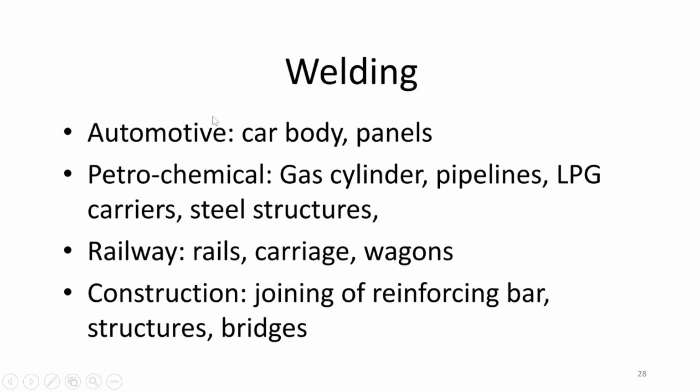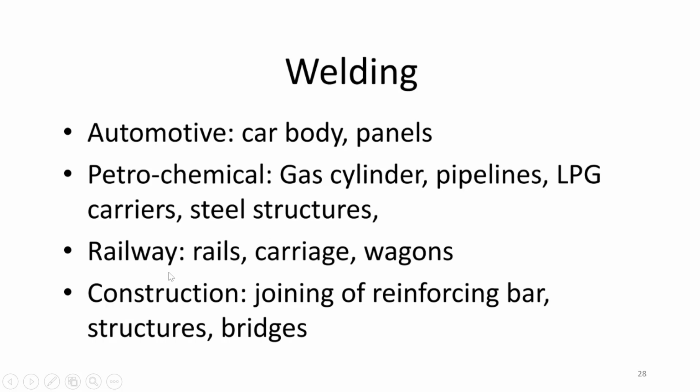Next is welding. So in case of automotive parts, you can make car body and panels using welding, because some of the parts need to be welded. It can be made in one go. In case of petrochemical, your gas cylinders, pipelines, LPG carriers and steel structures, these are made using welding.